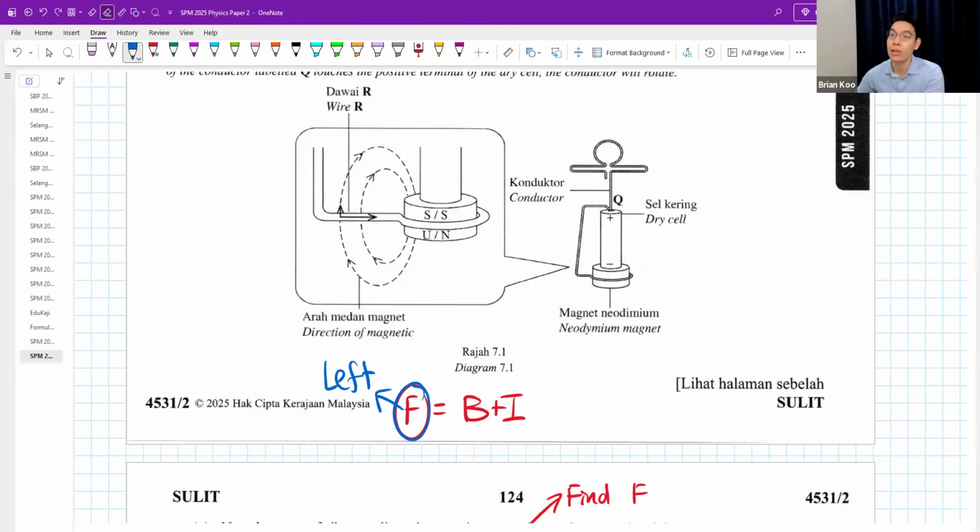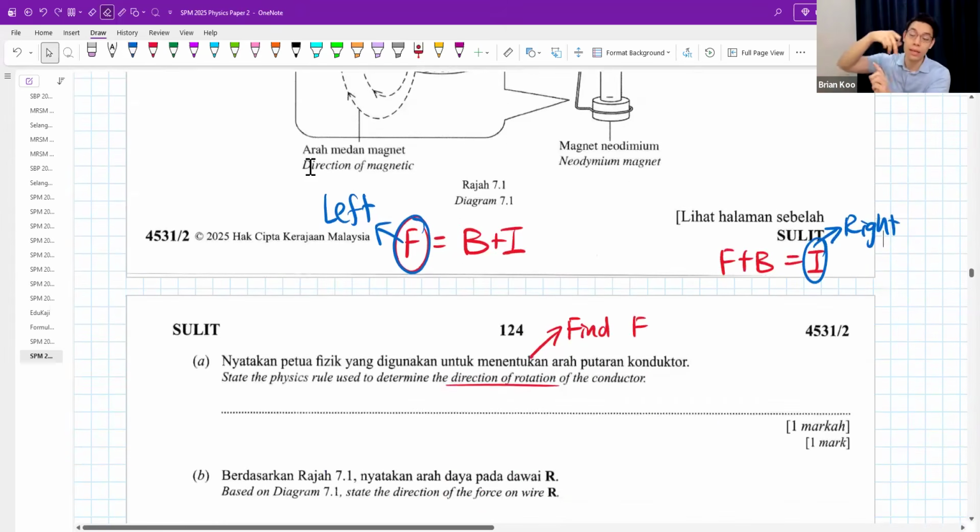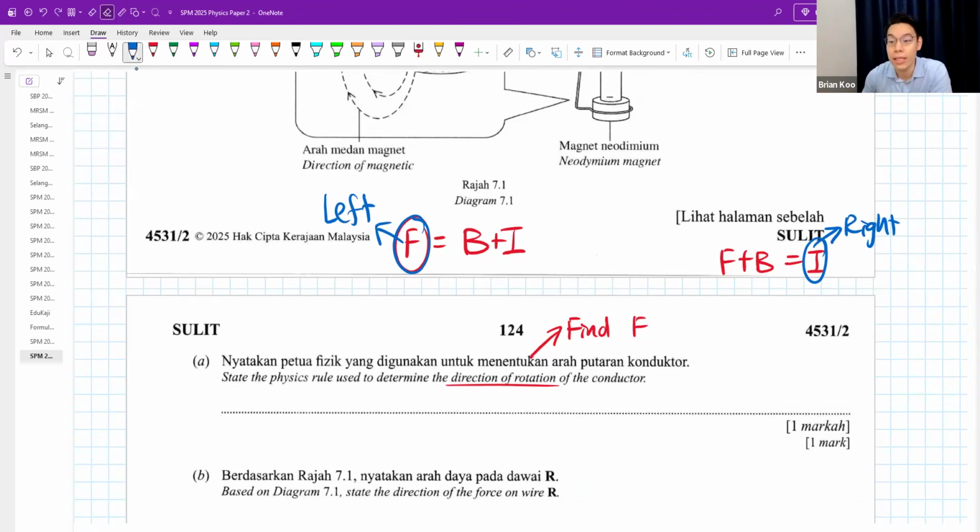If the question is asking you to find out the induced current, which is on the right side, then you use your Fleming's right-hand rule. So depending on what you are looking for, now we are trying to find the force that makes it spin. The force is the reason why it will spin. Okay, and this is Fleming's left-hand rule.